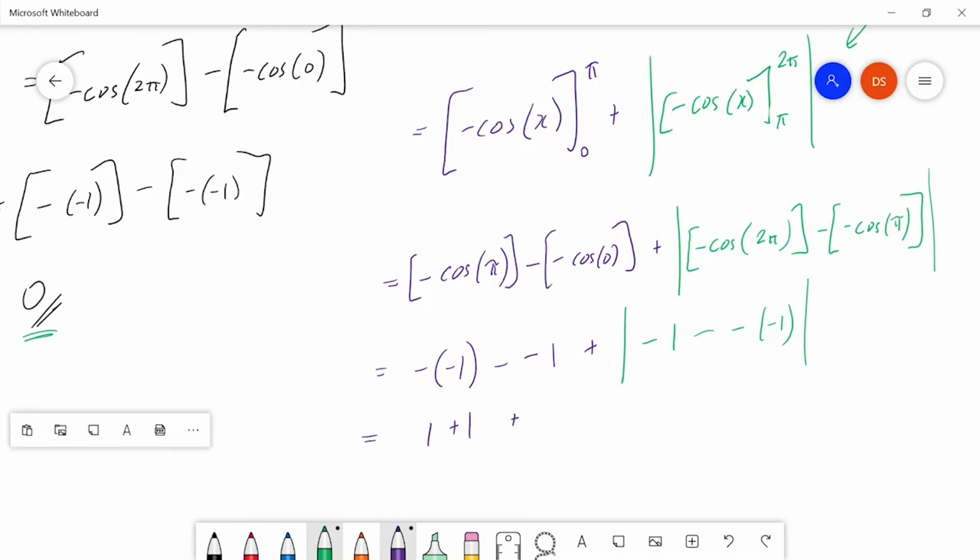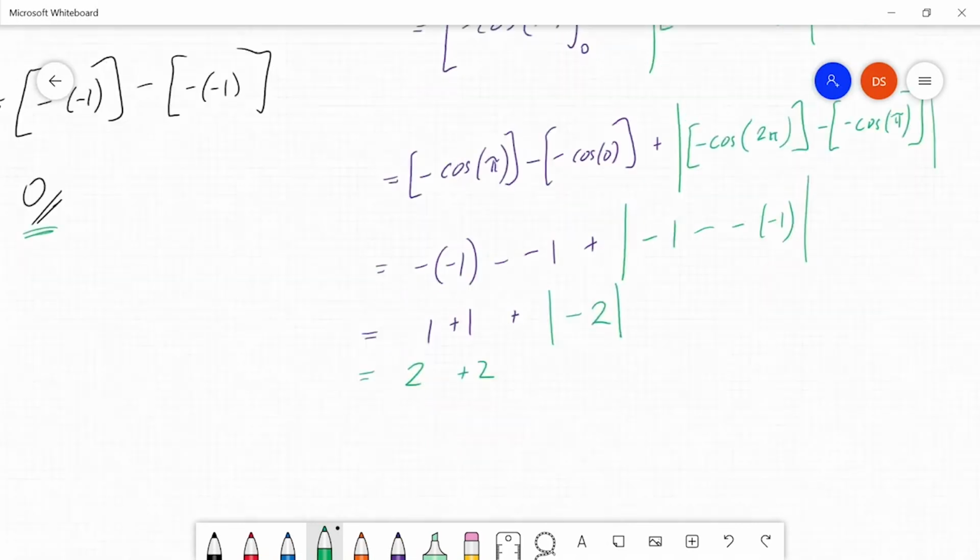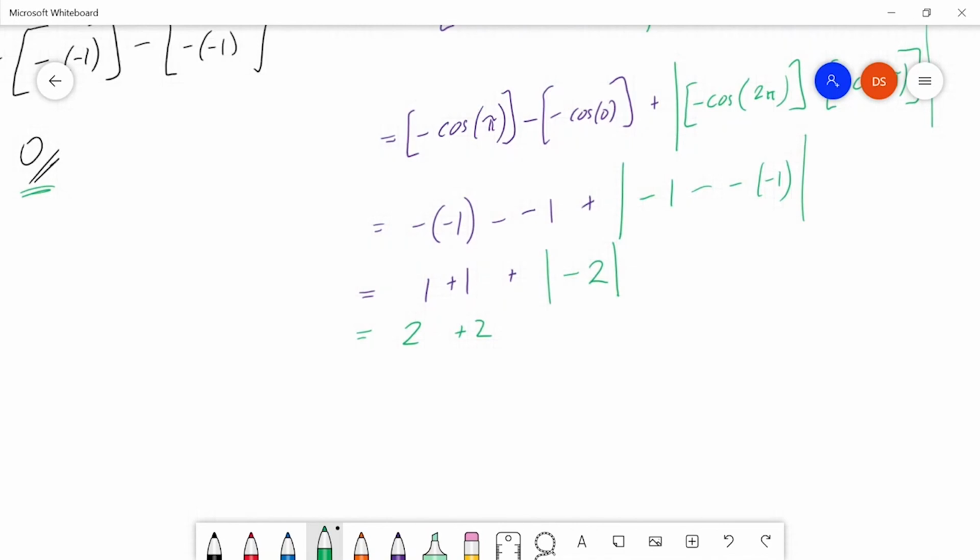Negative 1 minus 1 is negative 2, plus, once again absolute values, negative 1 minus, 3 minuses make a minus. So we get negative 2 plus, minus 2. But that's absolute valued, so we get 2 plus 2 is 4. And once again, we get the answer we were expecting from the picture above.